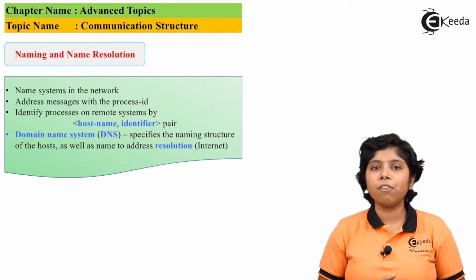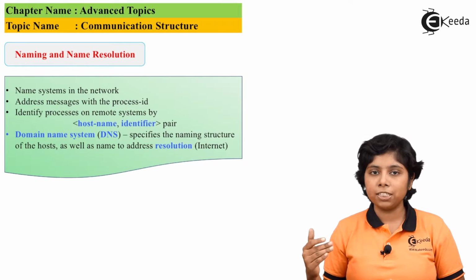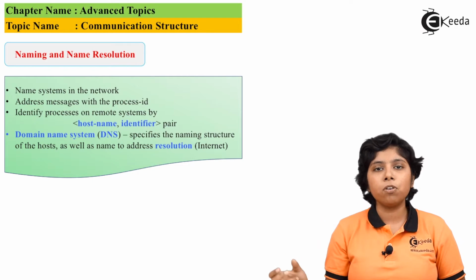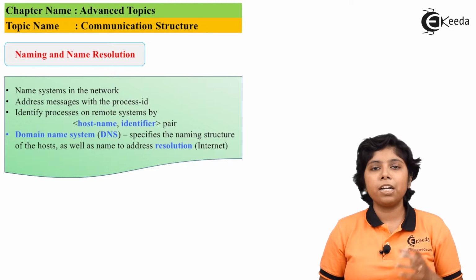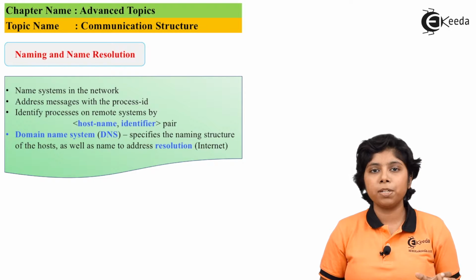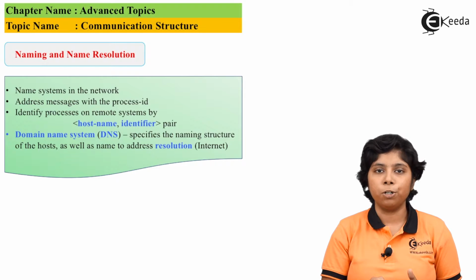The main difficulty with this table is that whenever a host name or its address changes, the table in every host needs to be updated. This problem is solved by the DNS, or Domain Name Service. Here a name server keeps all the hosts updated.